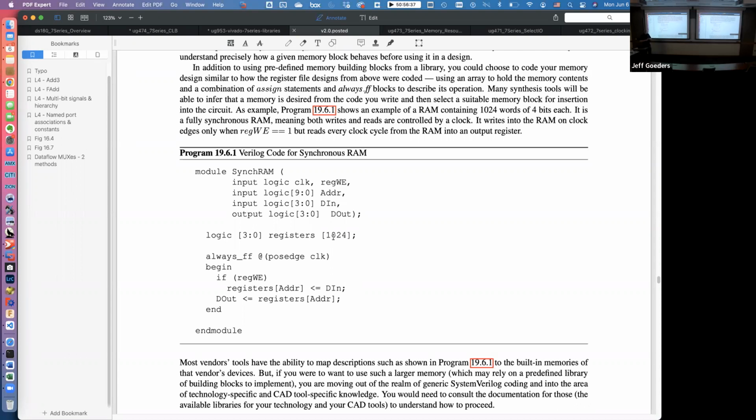And notice I didn't have to worry about the cascading. I didn't have to worry about, well, which of those sizes and shapes of the BRAM do I want to configure that? And I don't have to worry about zero padding my address and data lines. I just write what I want and the synthesizer is smart enough to choose. Oh, with this, well, let's see, it's 1K by 4. That will easily fit.